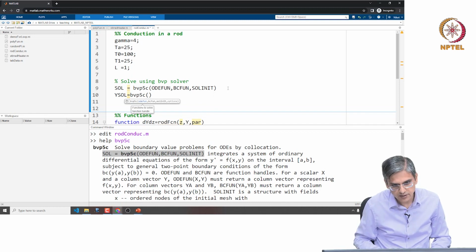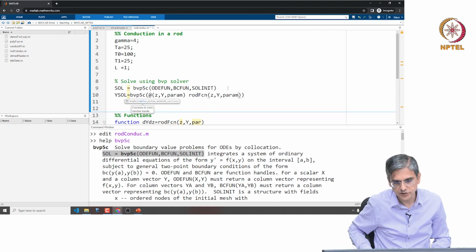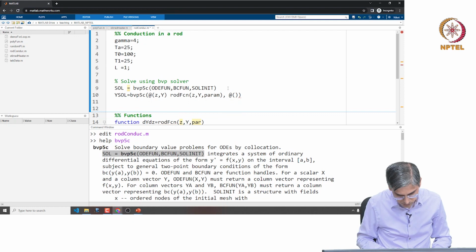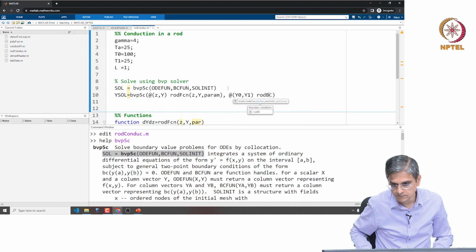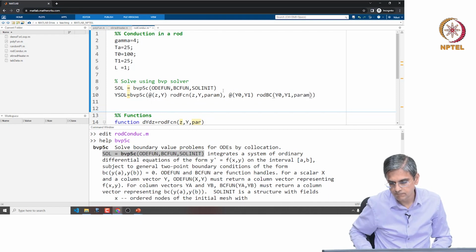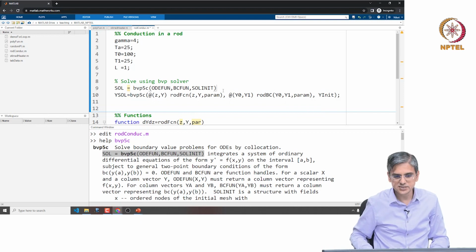ODE function is at z comma y, sorry, param should not be here. Y init, where y init is the initial solution.